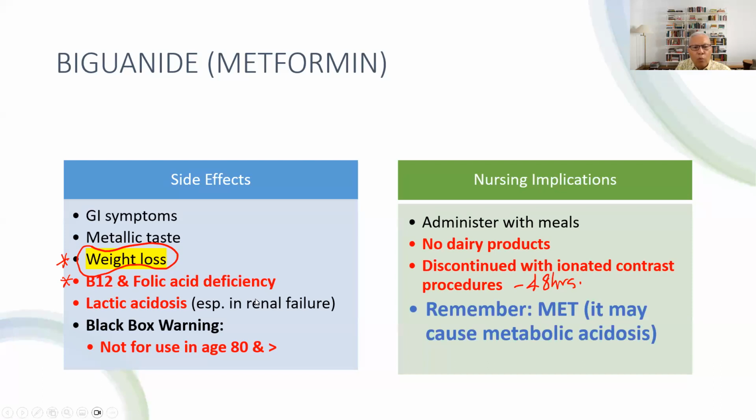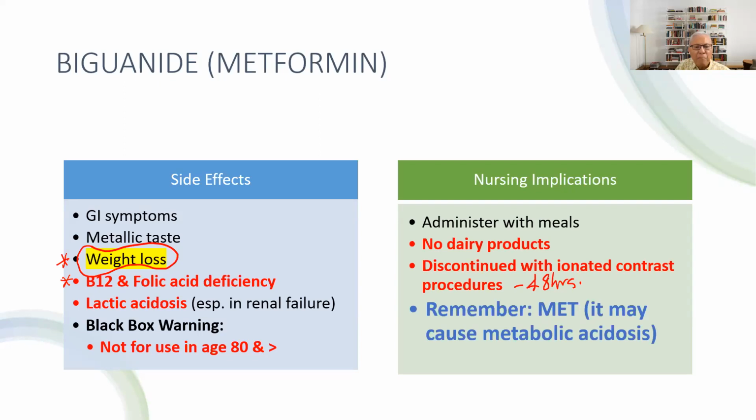All right, so why is it that we have to discontinue it 48 hours before the procedure? Well, the reason why is because if they are not eating any food, they're not getting any glucose. And so to continue to take metformin would put them into a hypoglycemic state. Now, the other reason why, when we use contrast dye for X-rays, it could impair the function of the kidneys in some patients anyway.